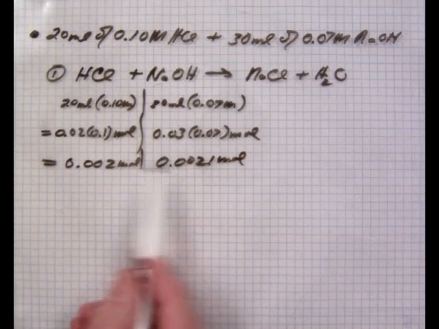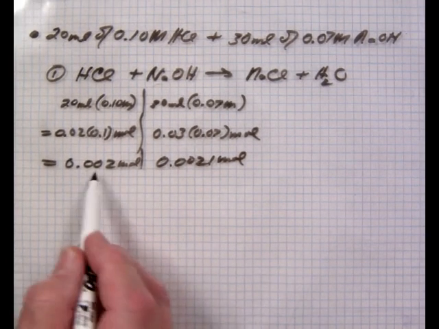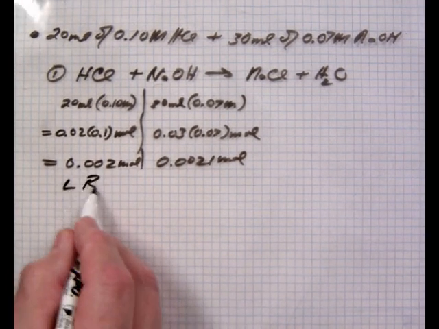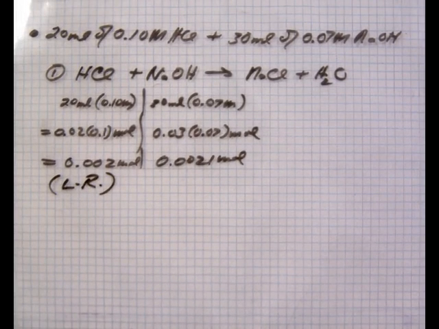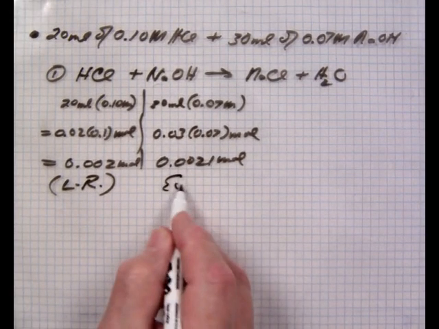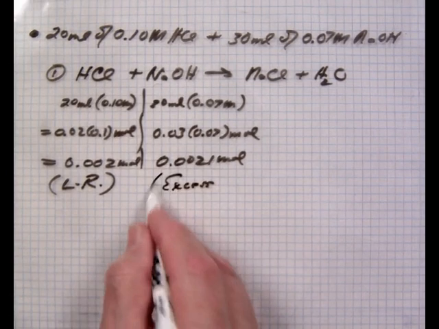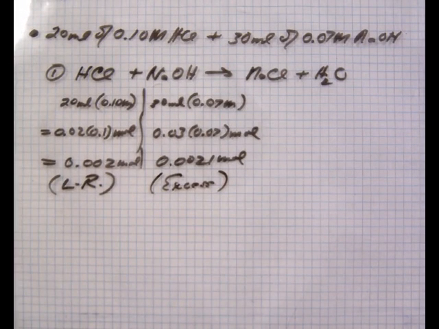Well, since it's a 1-to-1 reaction, it looks like this is the limiting reagent right here. It goes away first, and we'll have an excess on the base side. Everybody see that? Everybody good? All right.